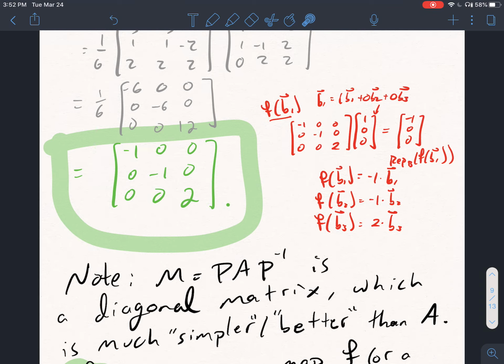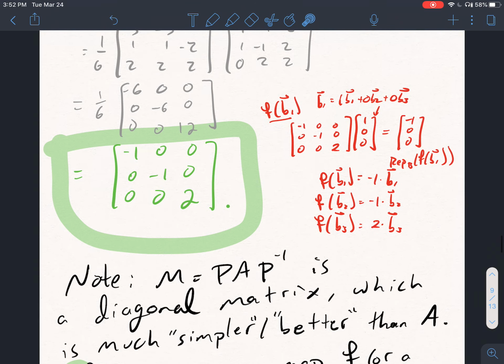And then if I did the same thing with f of b2, so b2 is represented by 0, 1, 0, because that's equal to 0 times b1 plus 1 times b2 plus 0 times b3.